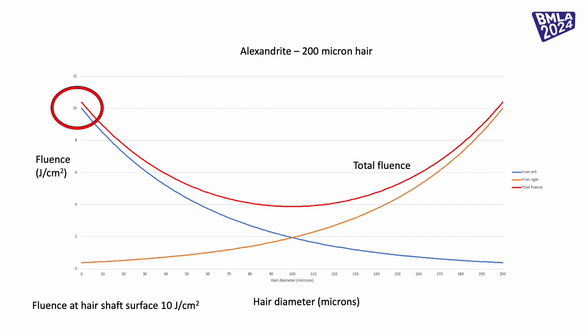The total here is only slightly more than 10 joules per square centimetre, whereas in the centre it's slightly less than 4, compared to just over 12 with the 60 micron hair. So the hair thickness has a significant influence on the distribution of light inside the hair itself, and this will of course have an effect on the temperature rise.